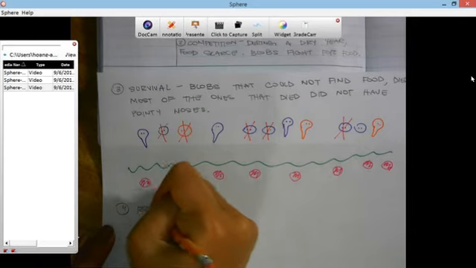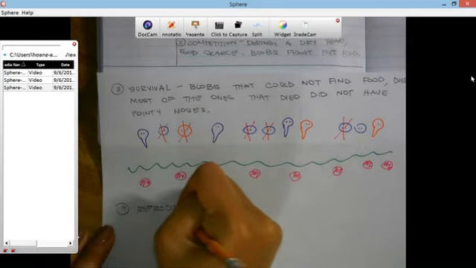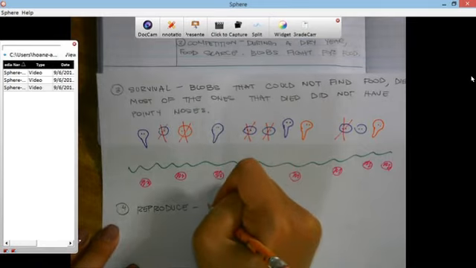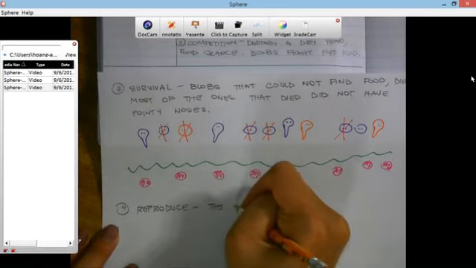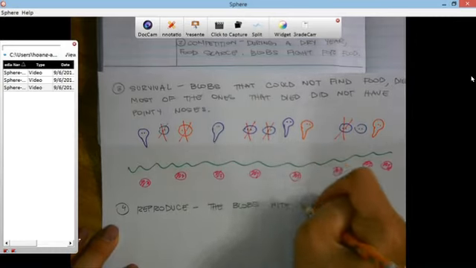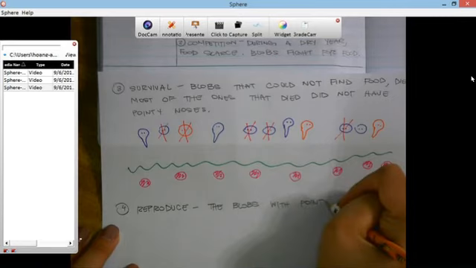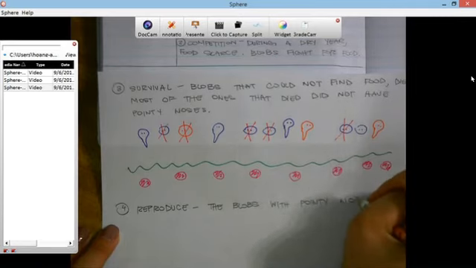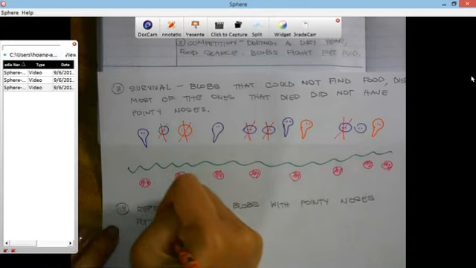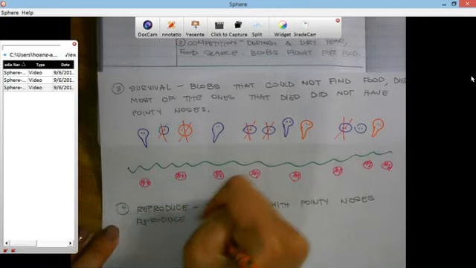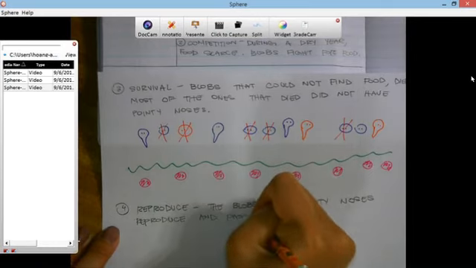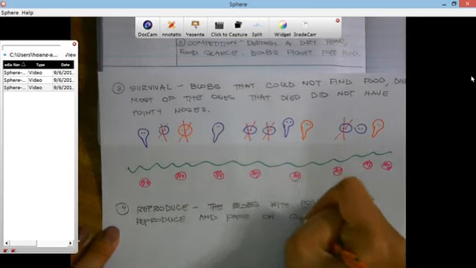So the fourth point is that you need to be able to reproduce. And in this example, the blobs with pointy noses reproduced, and therefore passed on genes.